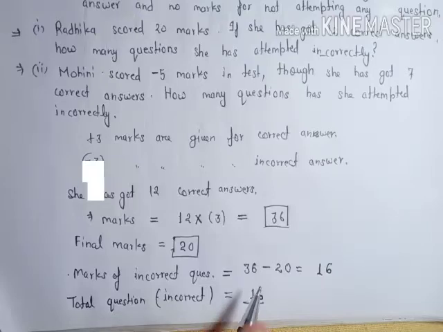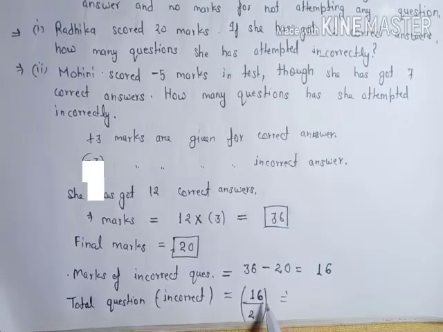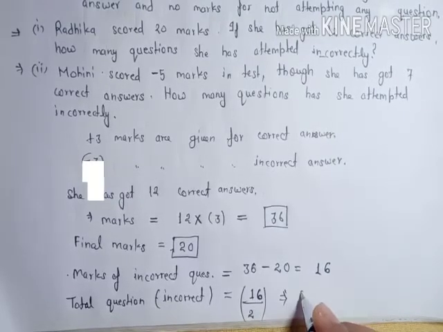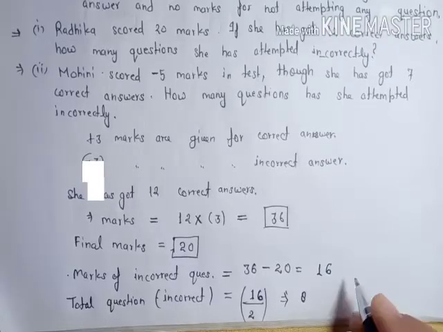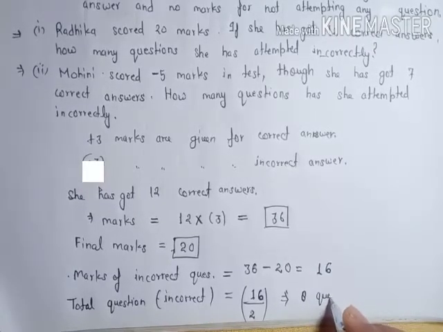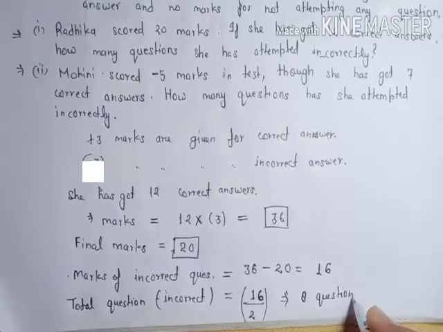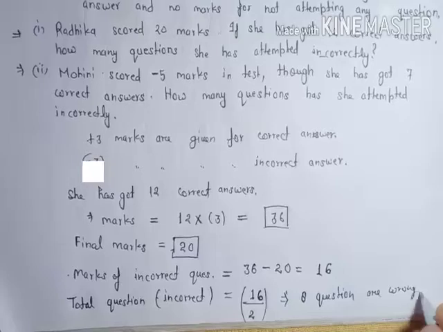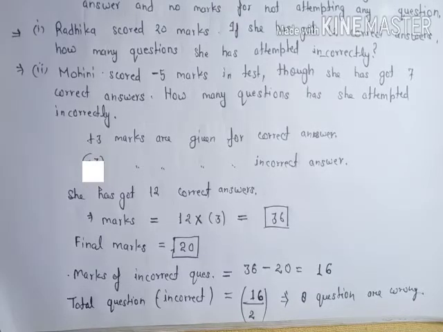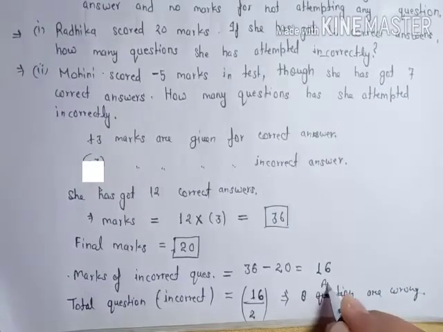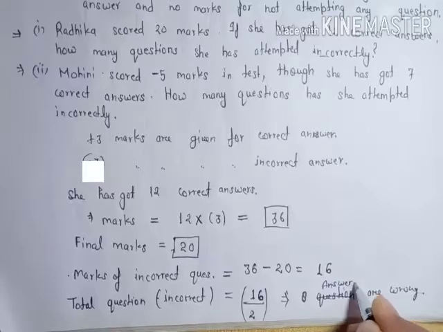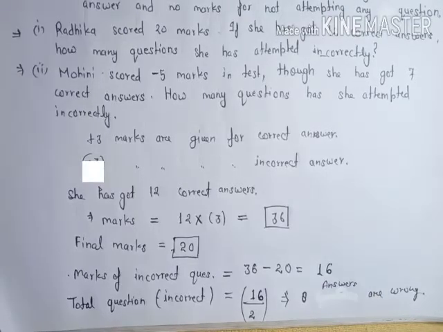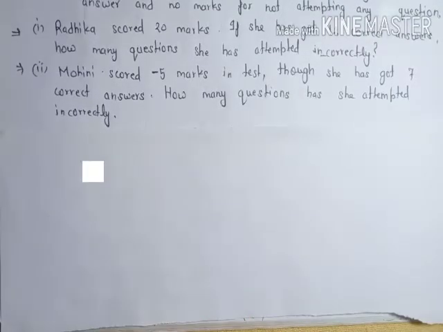For one question we are deducting 2 marks. For 16 marks there were 8 questions which were wrong. 8 questions are wrong or incorrect. Here you must write: 8 answers are wrong.